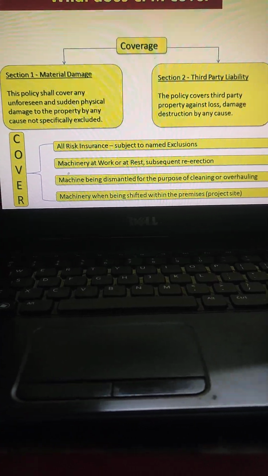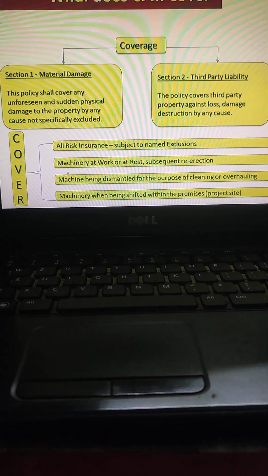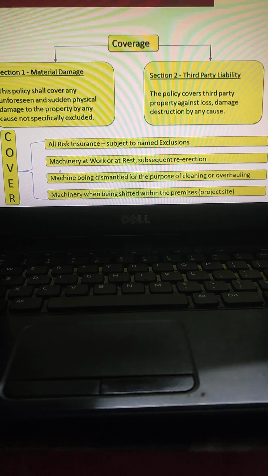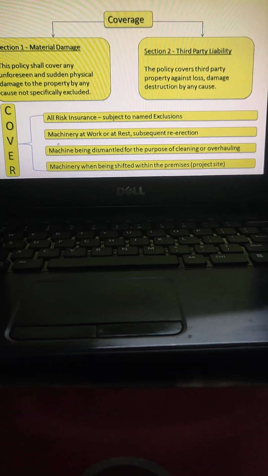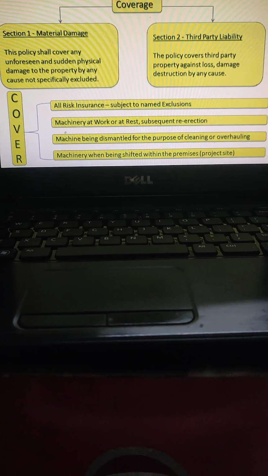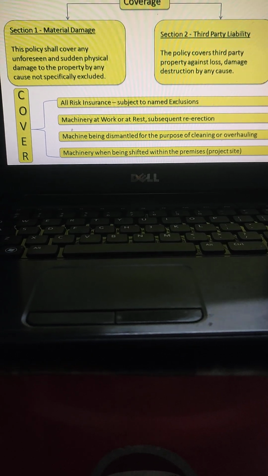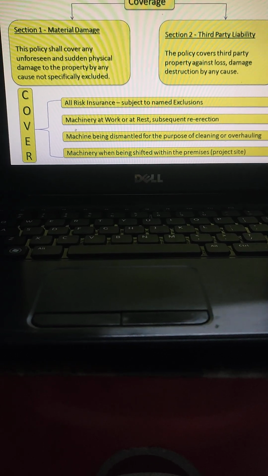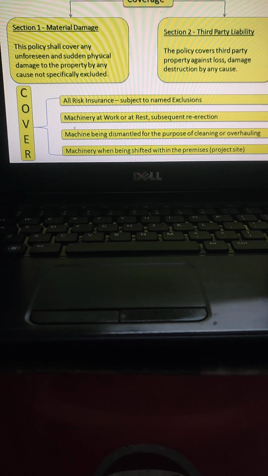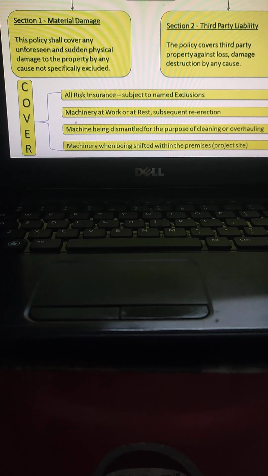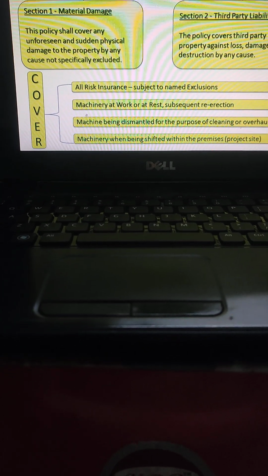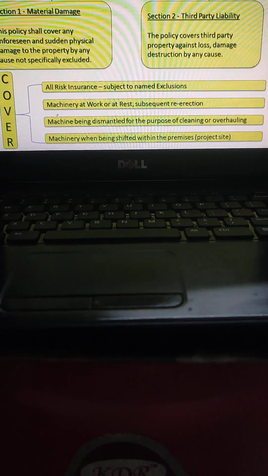Normally this policy is divided in two sections. Section 1 is material damage and section 2 is third party liability. The material damage section covers any unforeseen and sudden physical damage to the property by any cause not specifically excluded. So it is like all risk insurance subject to named exclusions.